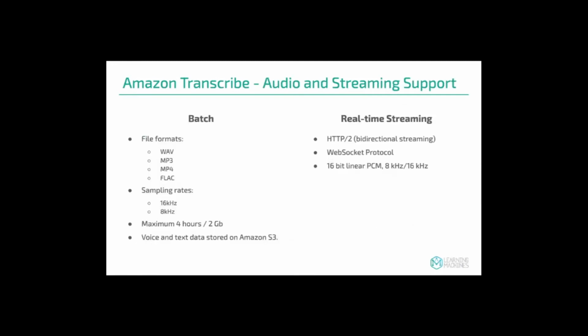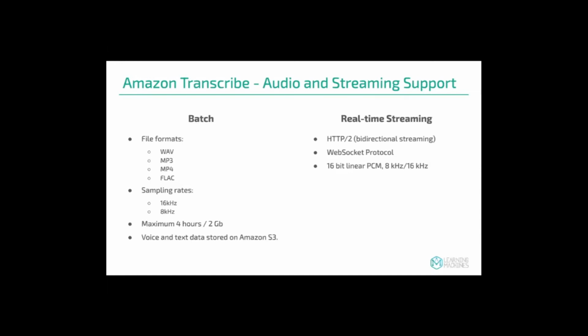And maybe just to highlight the differences between batch and real time. If you're doing batch transcriptions, you can provide a whole set of different audio formats. Typically you would have a waveform, MP3s or MP4s. You would upload these files onto the storage facility of AWS called S3, and you would start a batch job to then transcribe a whole set of documents for you.